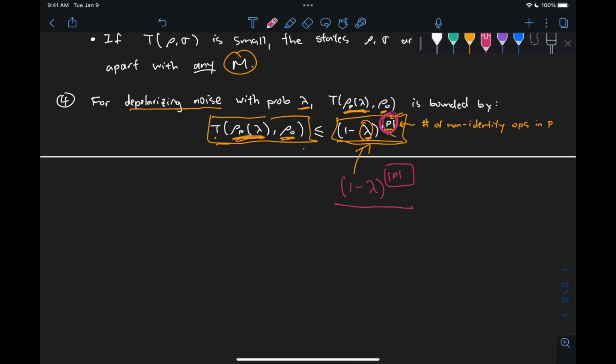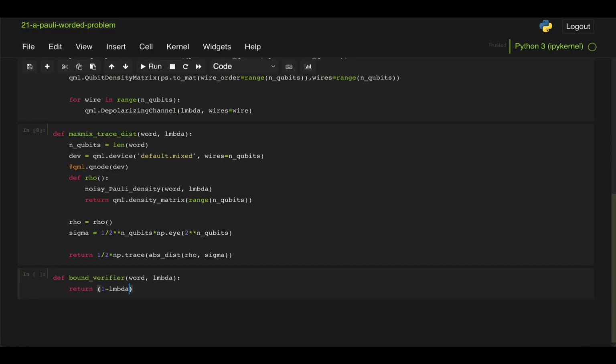So we're going to do 1 minus lambda to the power of the word distance. So this is a helper function that we're given that calculates the number of non-identity elements in our word, minus this max mixed trace distance of the word and lambda.